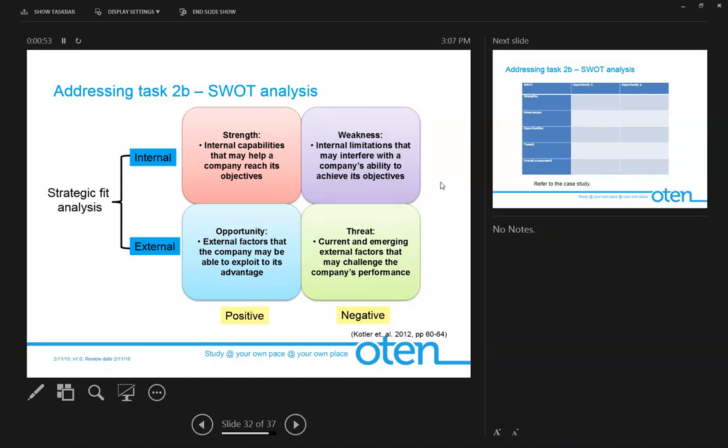How do you know that? You can refer to the short scenario. You can infer from the short scenario. Let's say this company's turnover now is $800,000. What does it mean for you? So what are examples of assets, capabilities, and resources that help us define the strengths and weaknesses?